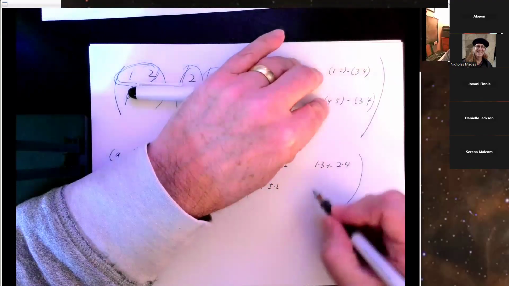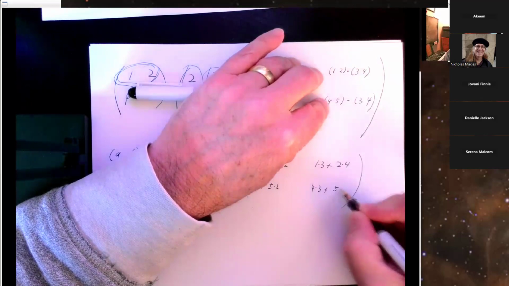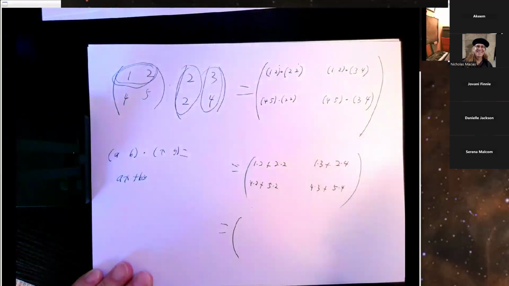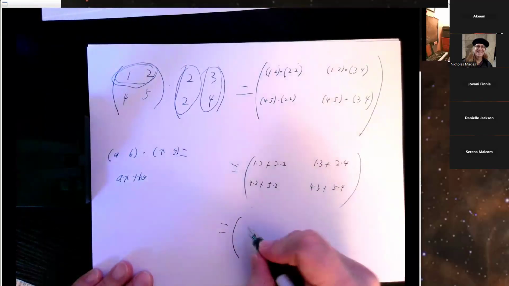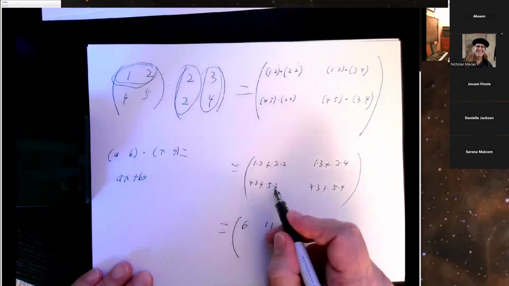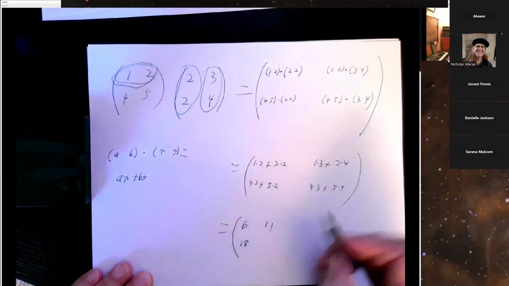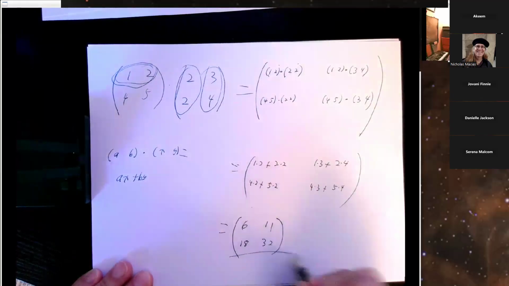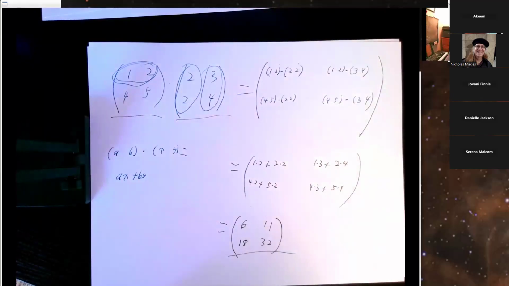And here 4 times 3 plus 5 times 4. And then if we actually do the calculations, this is 2 plus 4 is 6, 3 plus 8 is 11, 8 plus 10 is 18, and 12 plus 20 is 32. So this is what we get when we multiply these matrices together.